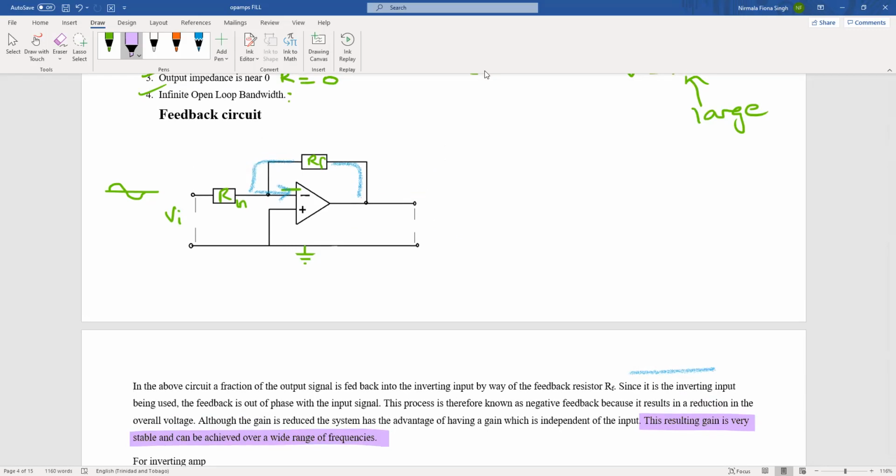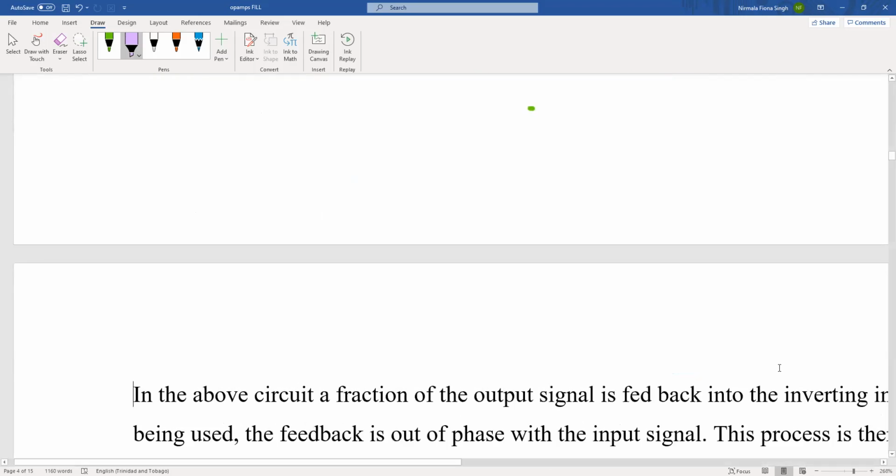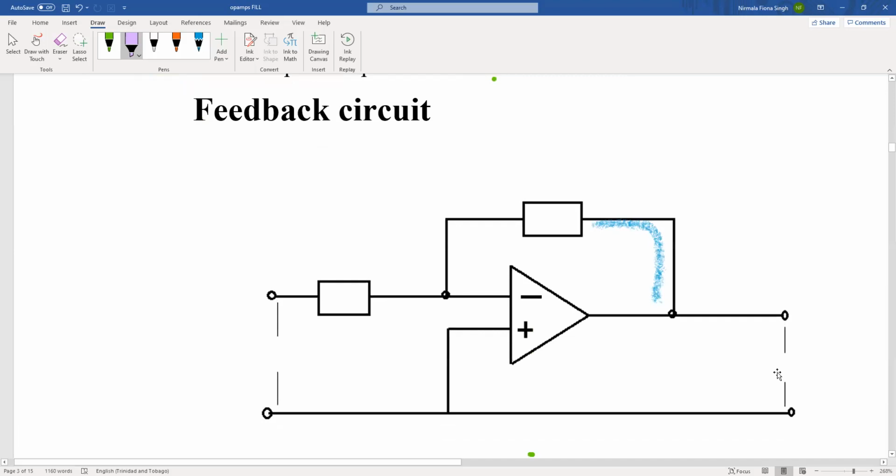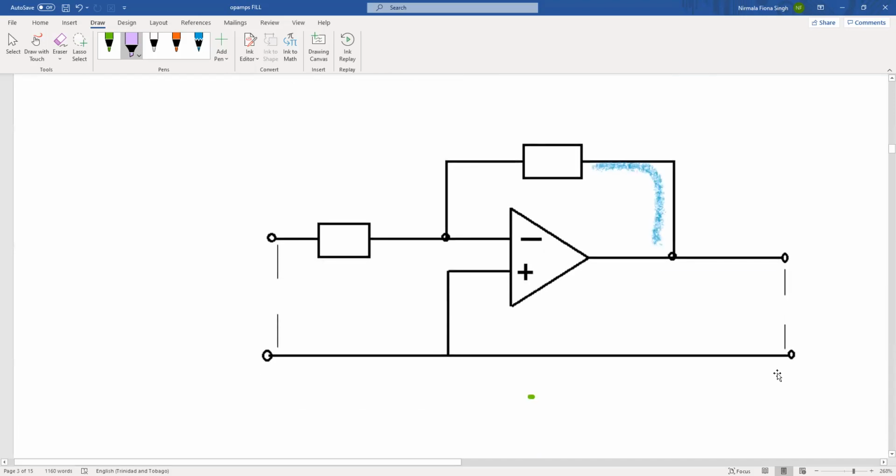Let's erase all of this. We're going to zoom in just now. So this is our amplifier, a very basic form of the operational amplifier. We have an input voltage, we have an output voltage, we have a negative input, we have a positive input. Our positive input has been grounded, so that means it does not factor into our calculations.